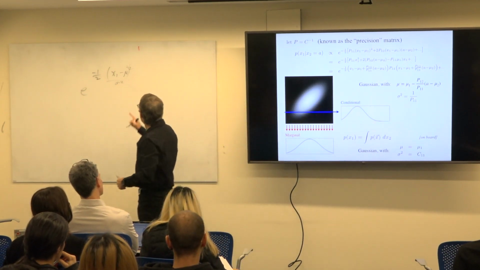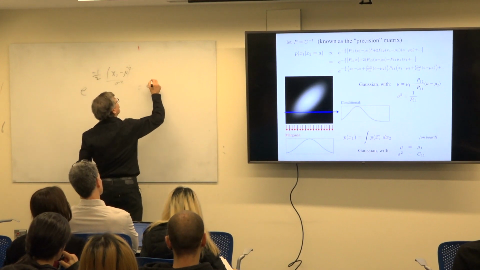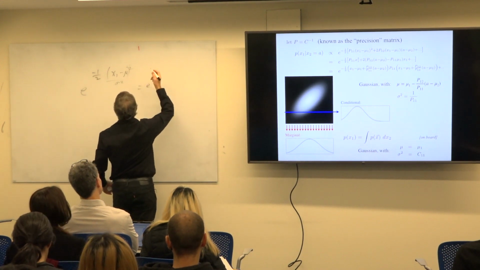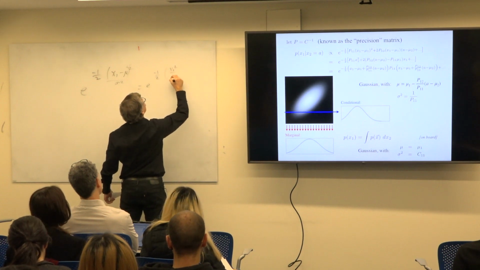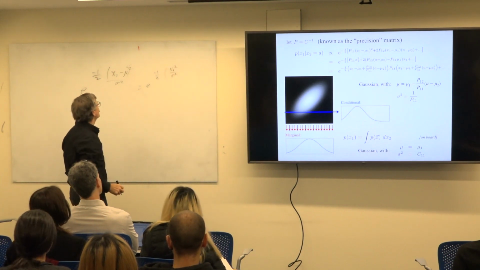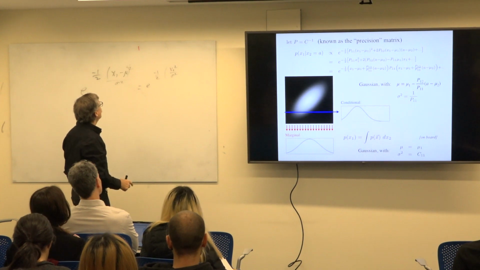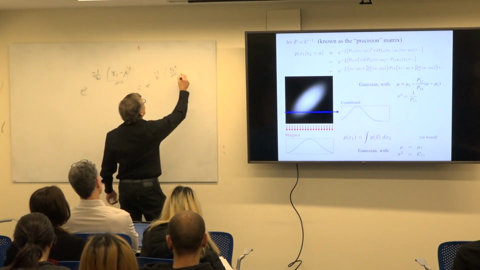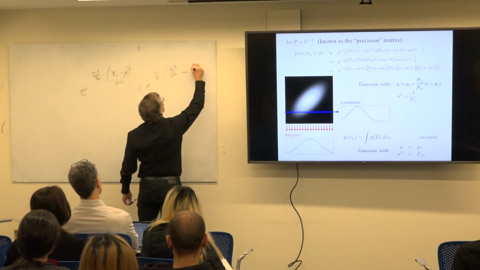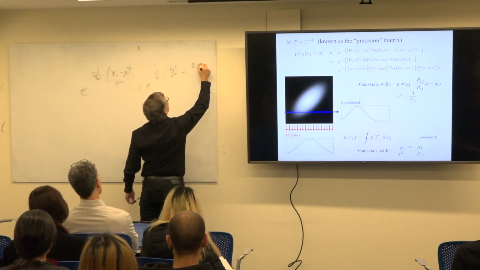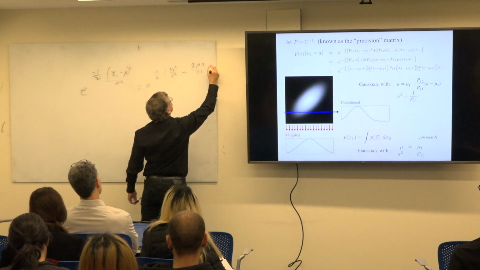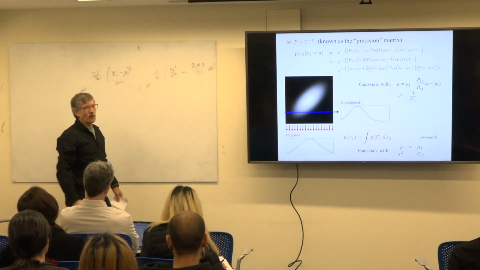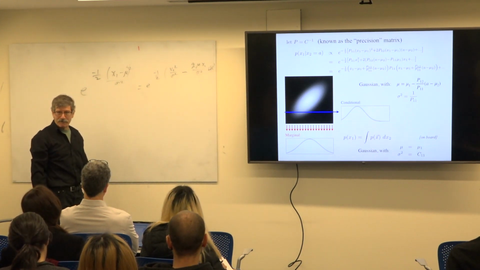Okay? Now that is e to the minus 1/2. Let's just write it out. X1 squared over sigma squared is going to be the x1 squared term. And then minus 2 mu x1 over sigma squared plus a constant. I'm ignoring the constant because I won't need it. Okay?